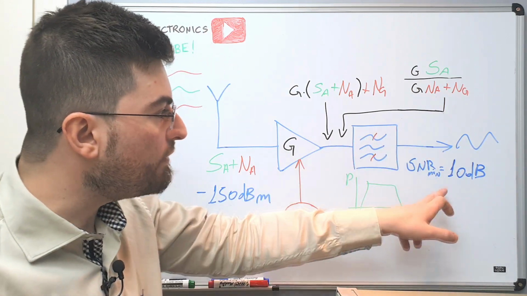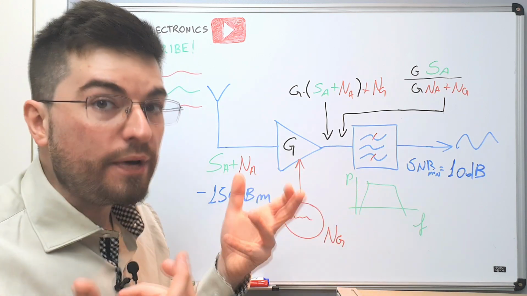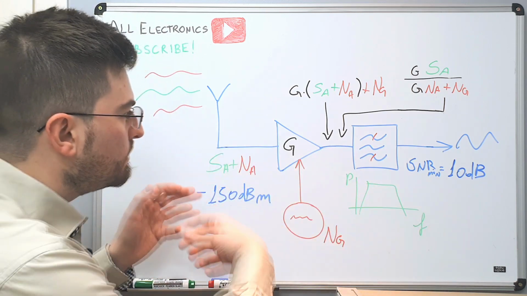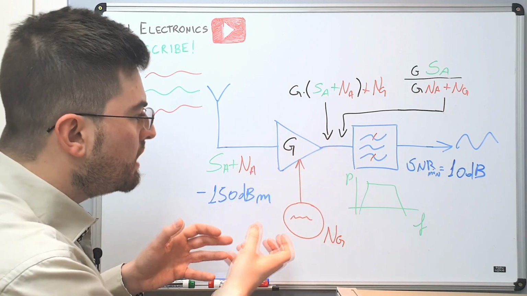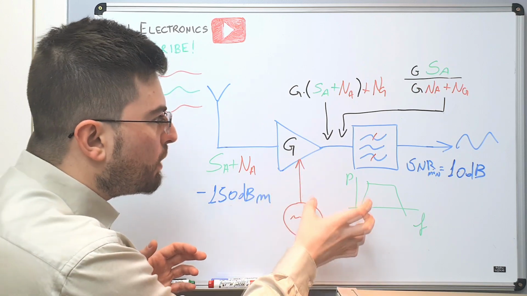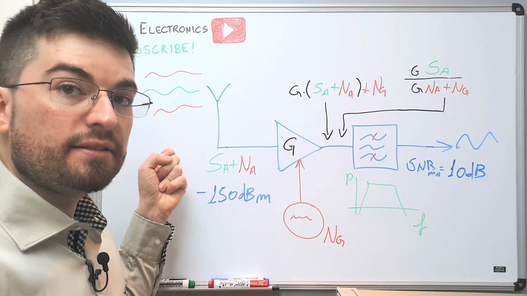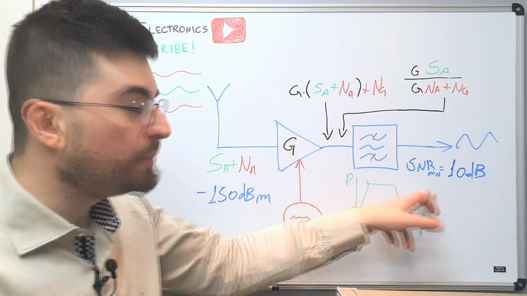Now we see that we have a constraint here on the output of the front end, and our job is not so easy, because if we keep placing more and more amplifiers here without thinking about the noise added in each process, we're going to corrupt the signal to noise ratio available at the antenna, and we will not meet the specification needed.